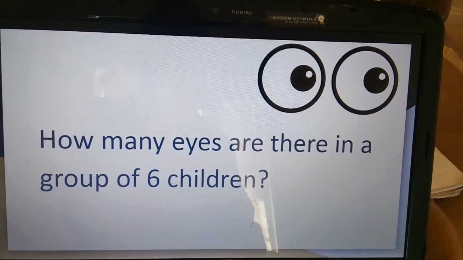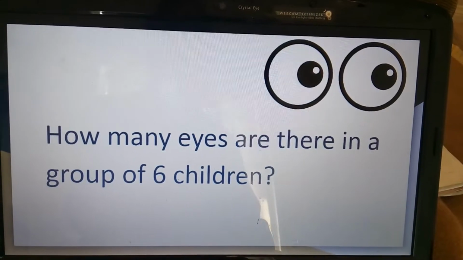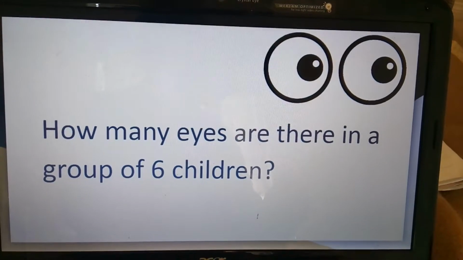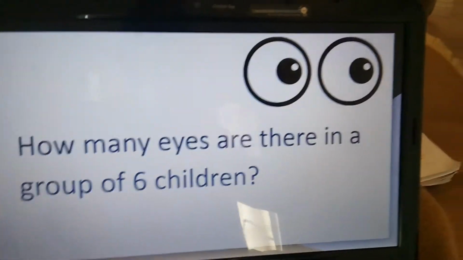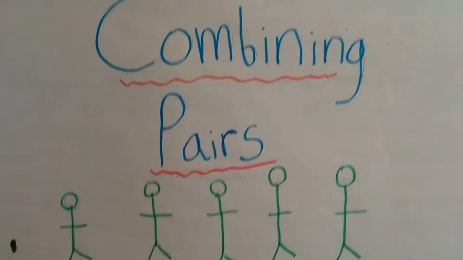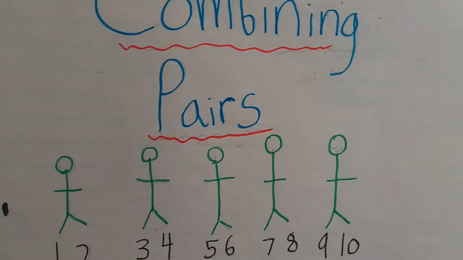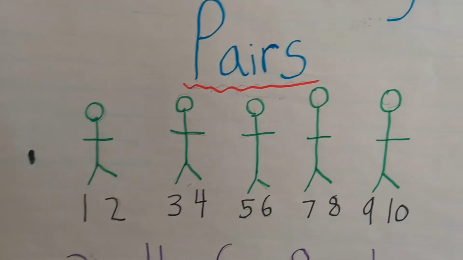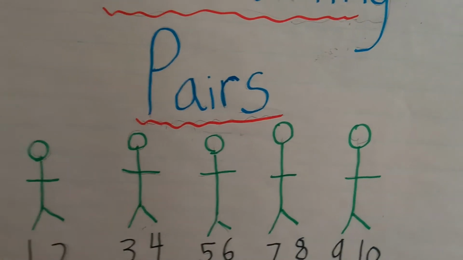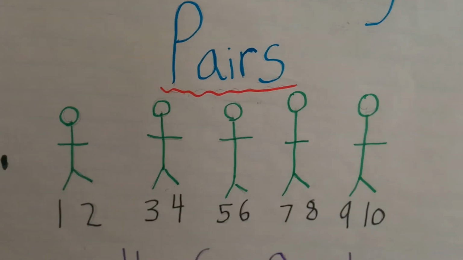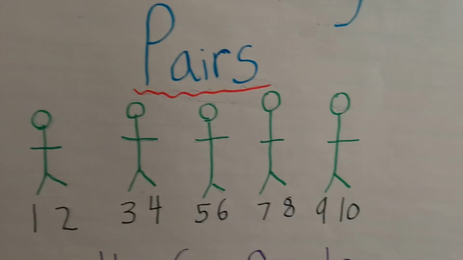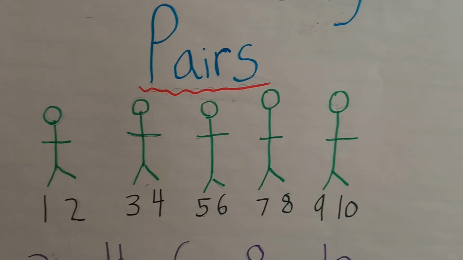Now, this problem seems kind of complex, but we can use many strategies to solve it. So let's take a look at this nice poster here. And it says combining pairs. So the first strategy I have here is that we draw out, such as a human who has 2 arms. Now, when we draw out the items, we count by ones to find the total.